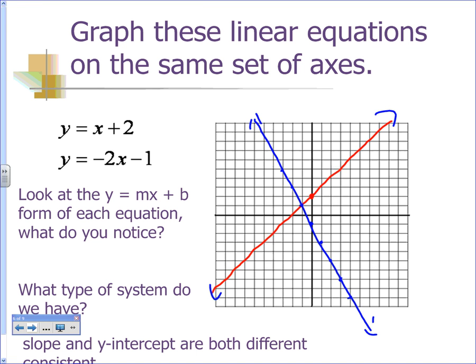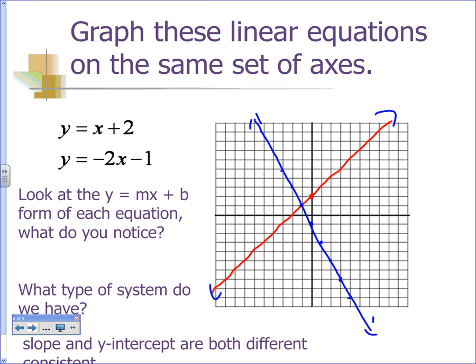All right. What type of system do we have? It intersected. Consistent. Why consistent? They intersect only at one place. Looking at the slopes, are the slopes the same? Are they different? Yes. So it can't be parallel because they don't have the same slope.